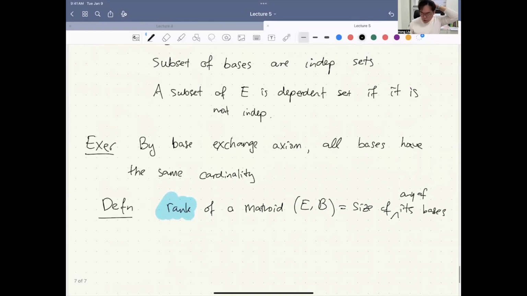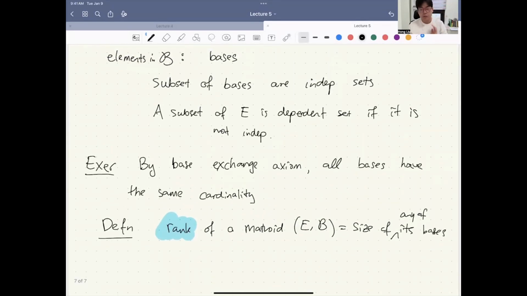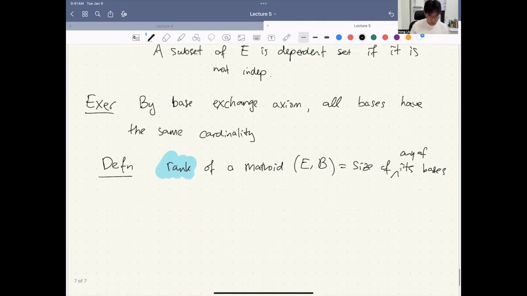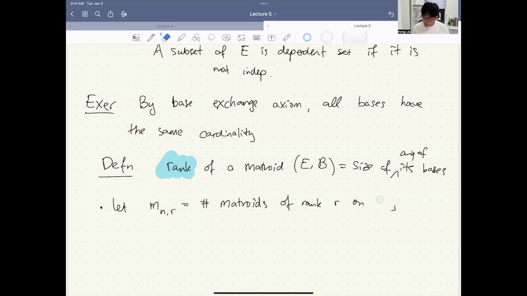What we're going to do is count the number of matroids given the size of the ground set E. So let's define M(n, R) to be the number of matroids of rank R on ground set N. Maybe I should specify the ground set.